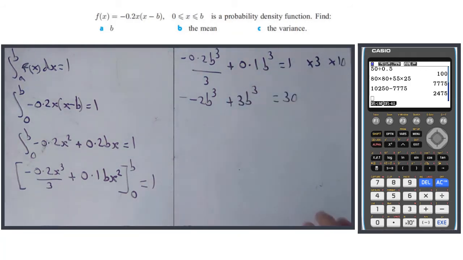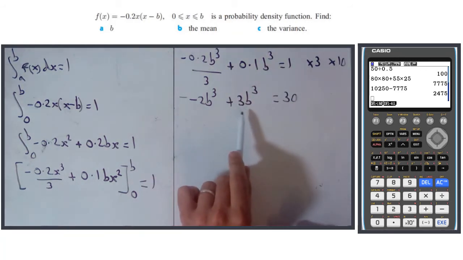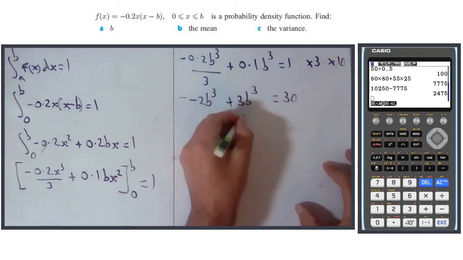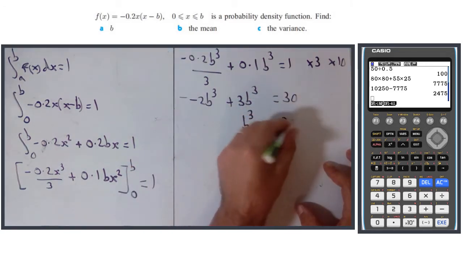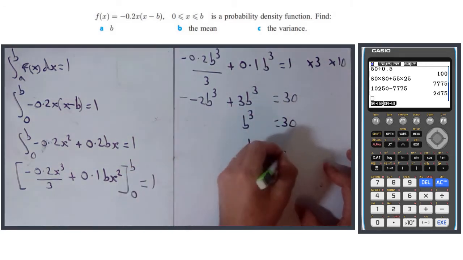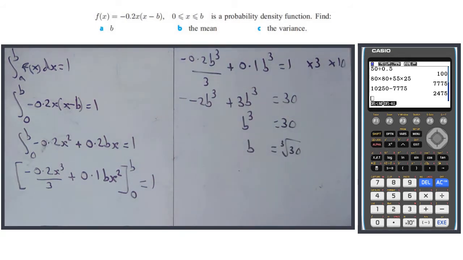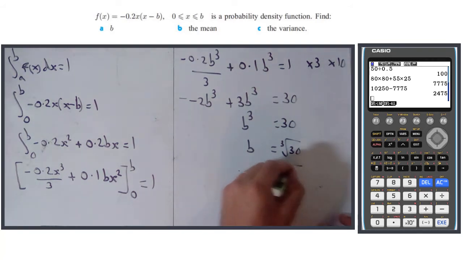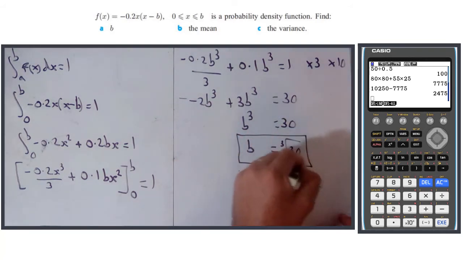So -2b cubed plus 3b cubed is just b cubed. b cubed equals 30, so b equals the cube root of 30. I can't see any advantage in turning that into a decimal at the moment, so I'm just going to leave it, especially when you think what we're going to use it for.